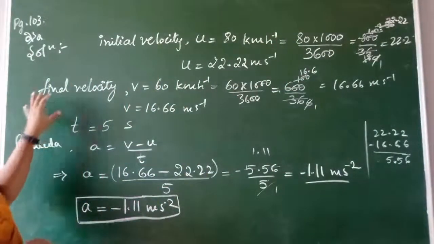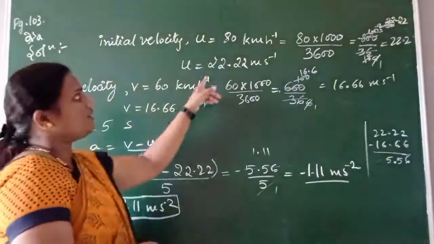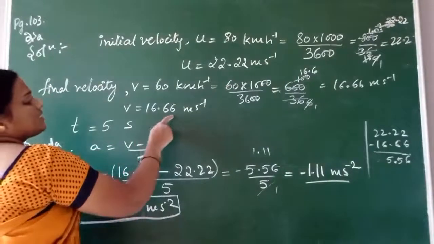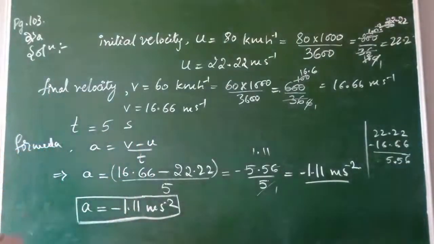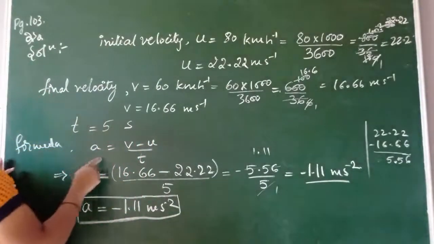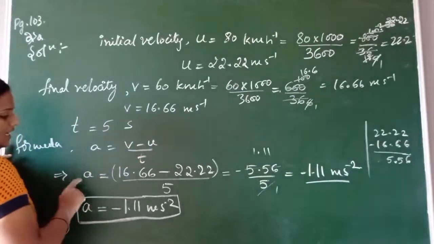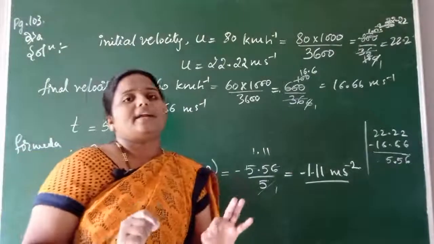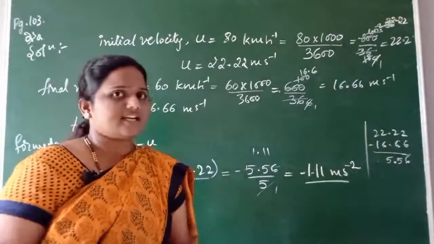By solving that, you will get the initial velocity as 22.22 meter per second, then final velocity 16.66 meter per second. Next, using the formula acceleration is equal to v minus u divided by t, you will get minus 1.1 meter per second square, which is the negative acceleration. Is it understood, children? Okay.